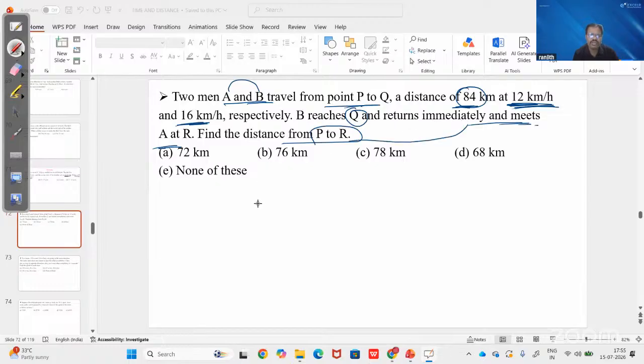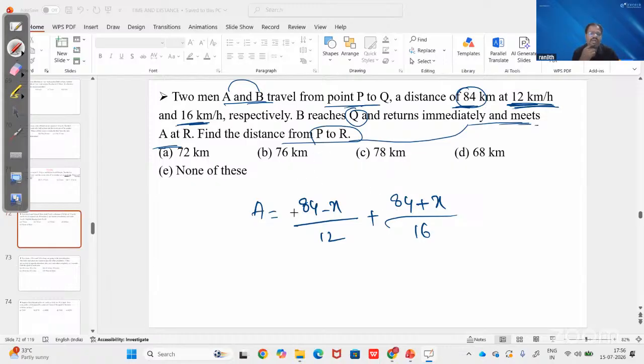So it's nothing but where A will be equal to 84 minus X divided by 12 and B will be equal to 84 plus X divided by 16. So what is the distance of P to R? So P to R, just look at here.